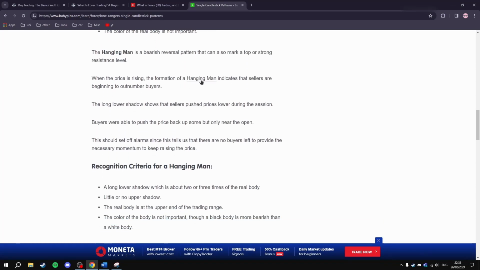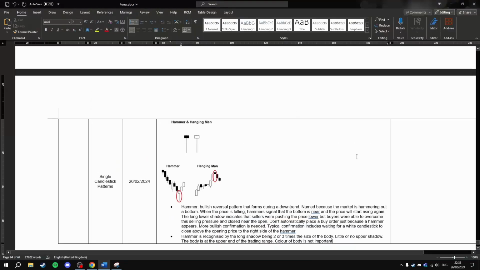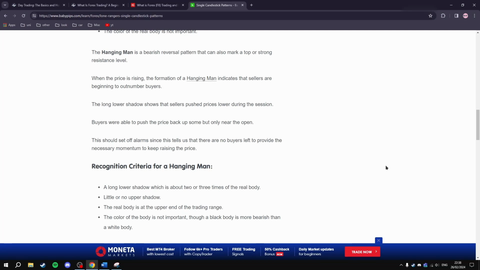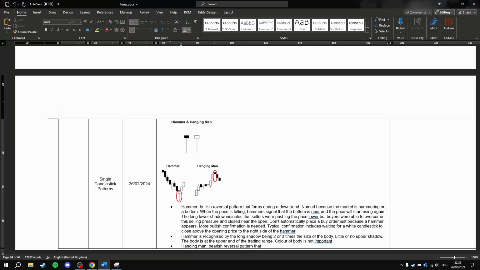The hanging man is a bearish reversal pattern that can also mark a top or strong resistance level. So, hanging man. Bearish reversal pattern that forms during an uptrend.